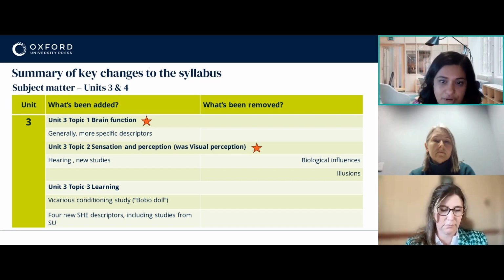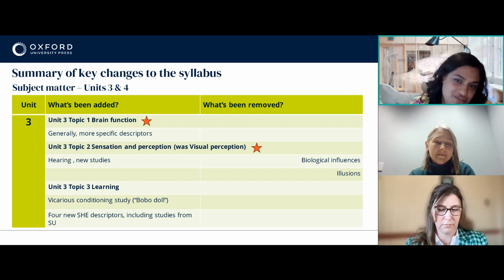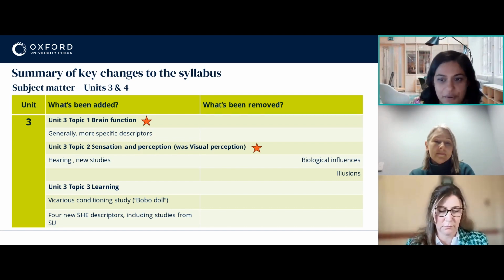And so that is brand new content in terms of what we have to teach, which means we lost things like illusions, which is a bit of a pity because that probably makes this topic a little bit more fun to teach. That's not to say we can't show students visual illusions, but it won't be tested on the external exam, and biological influences have been removed.